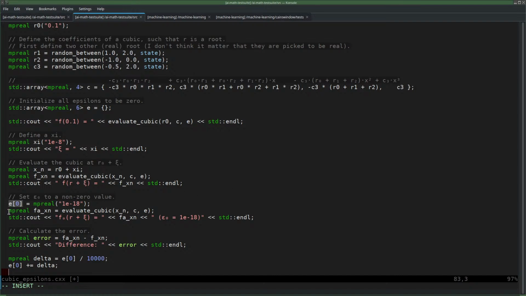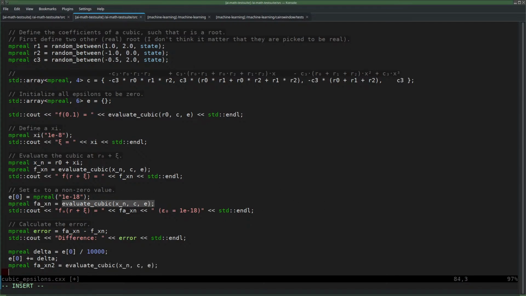So now we get, let's call this 2, the new evaluation with the different epsilon. And then we can calculate the error of that.